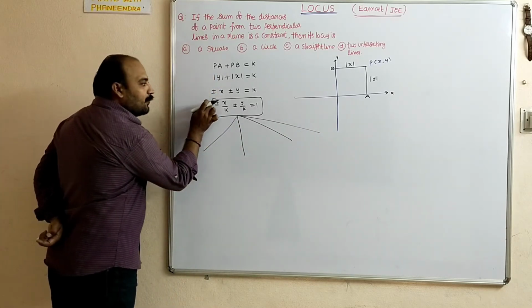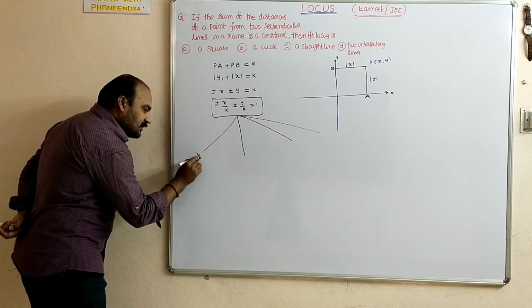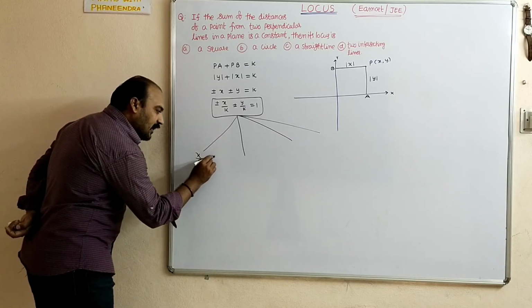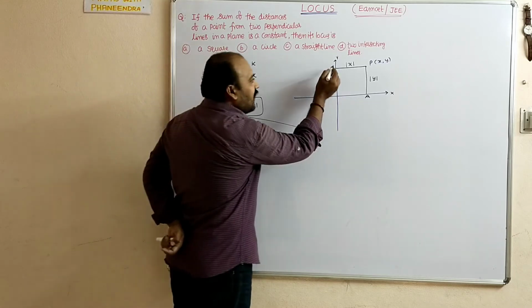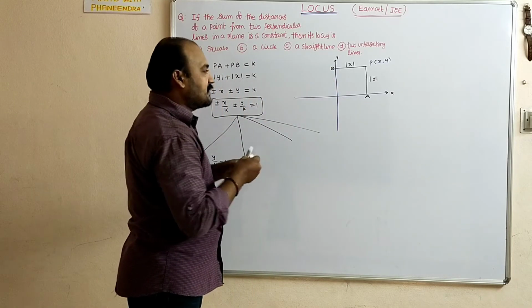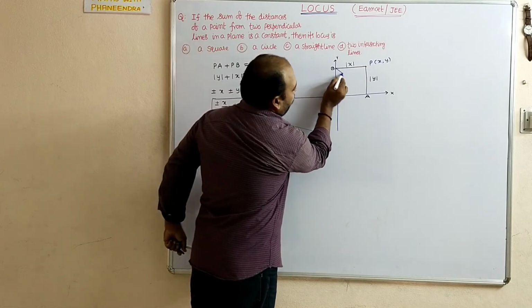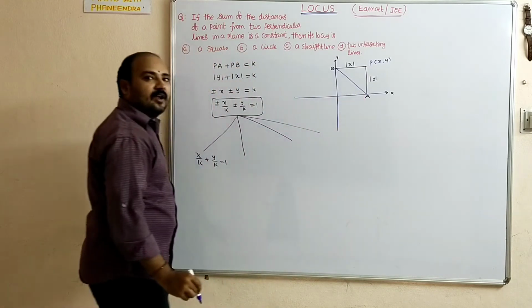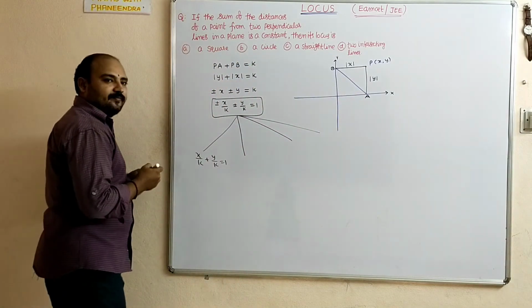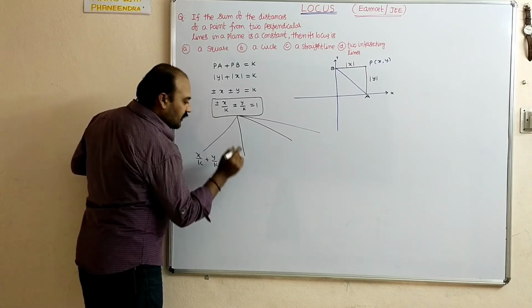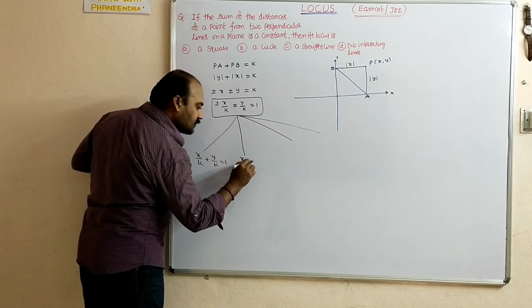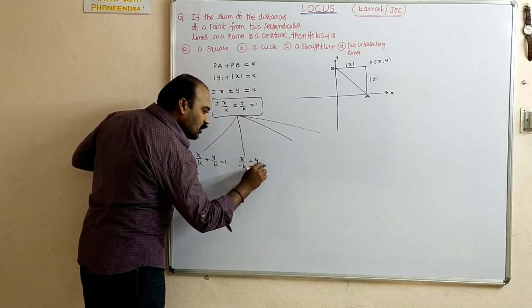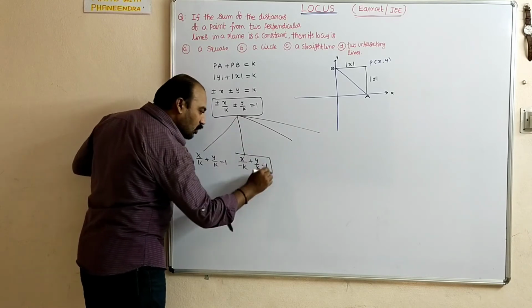If we consider both plus, x by k plus y by k equal to 1, both are positive intercepts. That line will be like this. This is line AB. Next, x by minus k plus y by k equal to 1. This line belongs to the second quadrant.